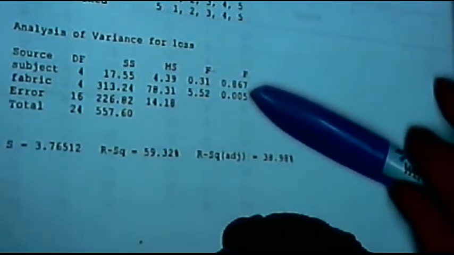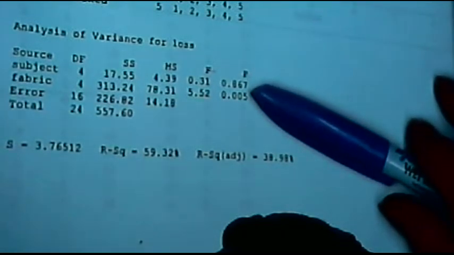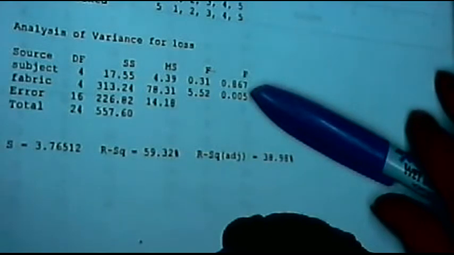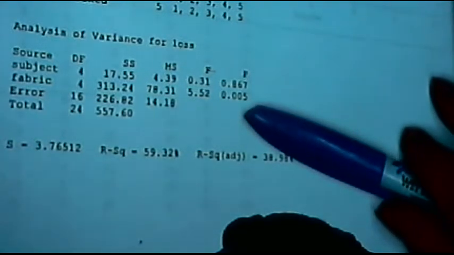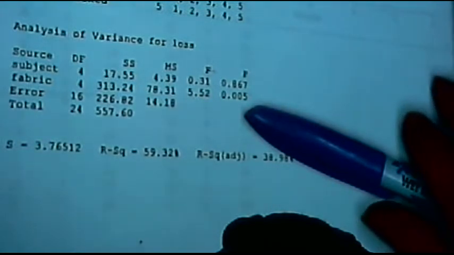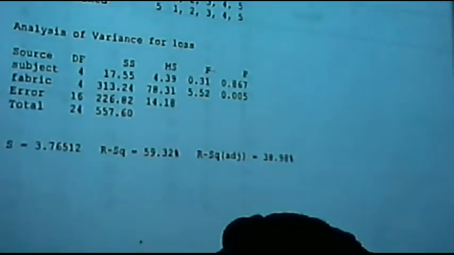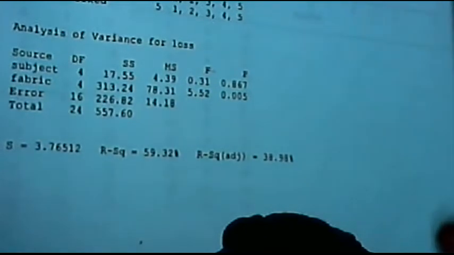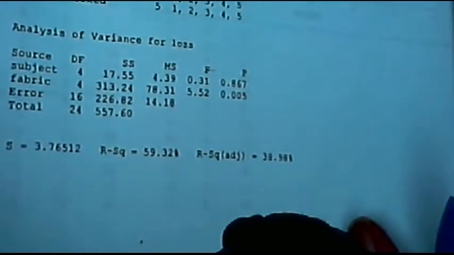The first one is bigger than 0.5, so we accept H0, no subject differences. The second one on the fabric is less than 0.5, so we reject that H0 and conclude there is a difference in these fabrics. So that's how we produce the ANOVA table.